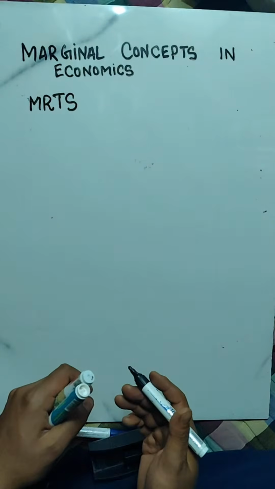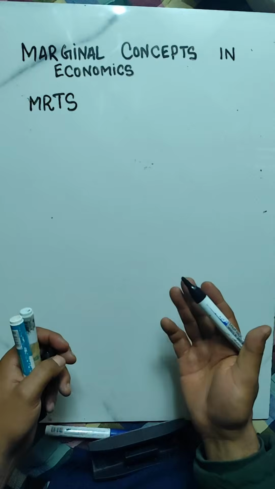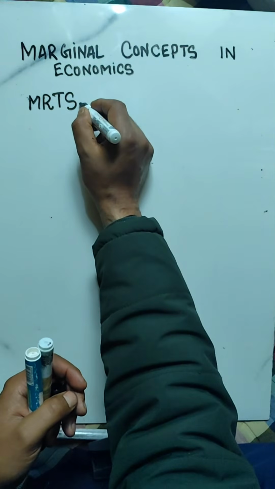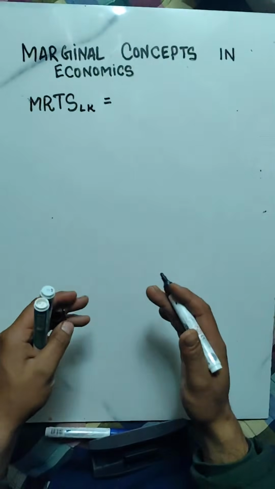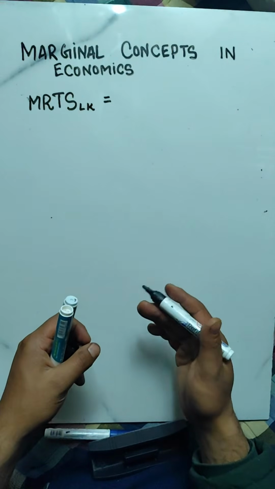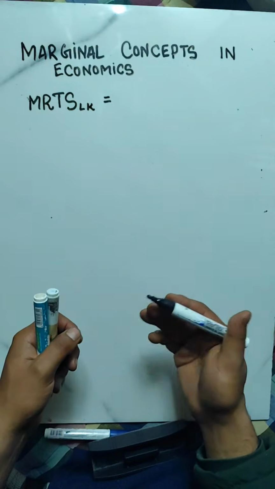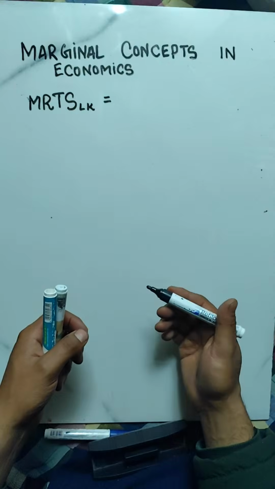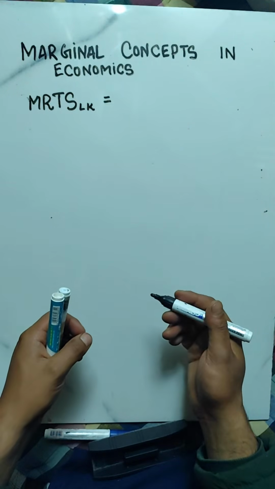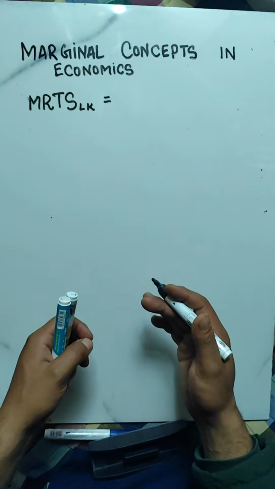So this represents the amount of, and let us suppose we have two things here, labor and capital. Okay, so marginal rate of technical substitution, it is actually the isoquant analysis. We use this for the isoquants.